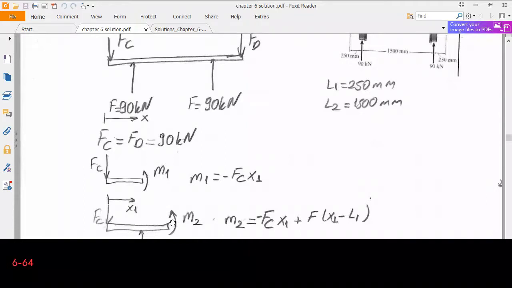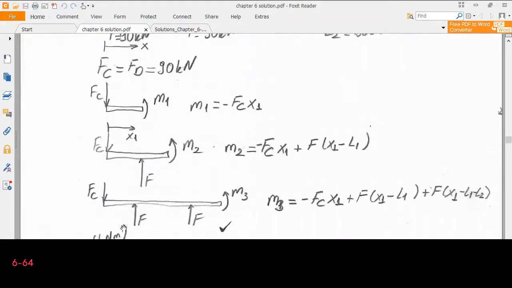Of course, this distance is x1. Again, I made an arbitrary cut. So the moment generated by this force is minus Fc multiplied by x1. Since this distance from C to A is L1, the distance to the cut is x1 minus L1. Therefore, the moment generated by the force F is F multiplied by x1 minus L1.